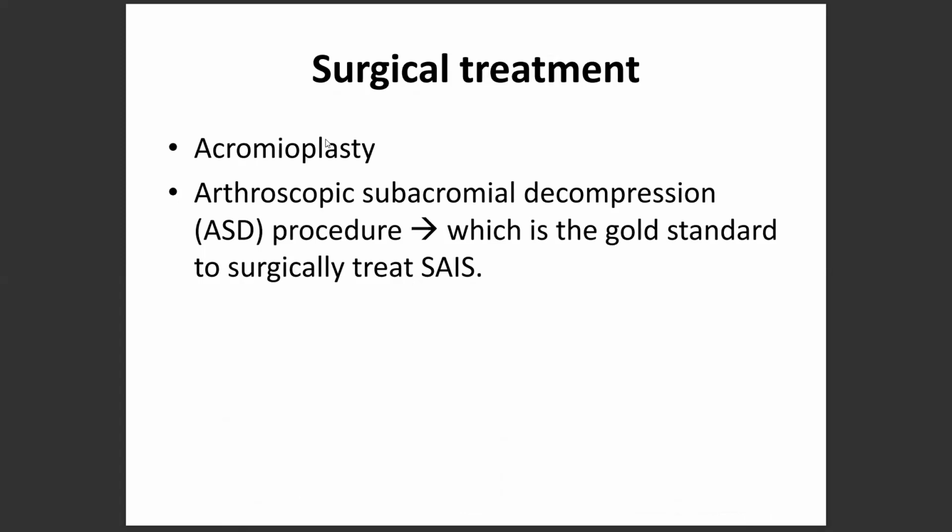Surgical treatment. The most common surgical treatment is the acromioplasty, which is also known as the subacromial decompression. Mostly, this is required in type 4 subacromial impingement syndrome, but according to the new classification, both type 3 and type 4 require surgical treatment, while type 1 and type 2 don't require any surgical treatment.